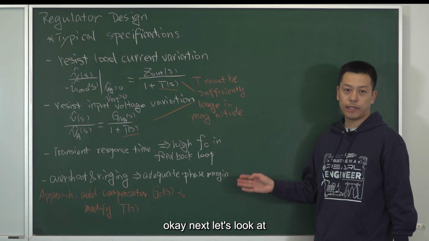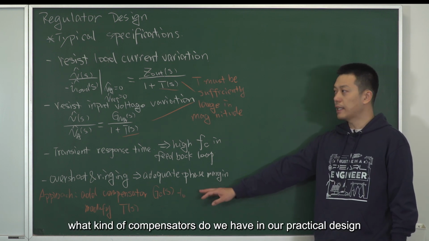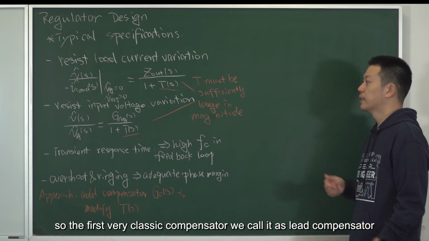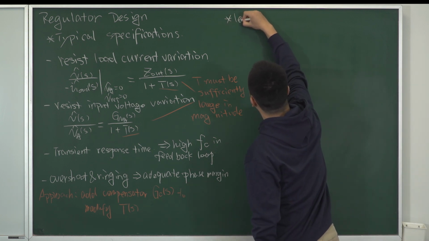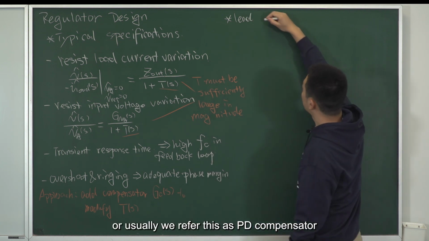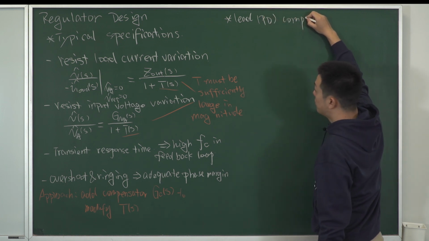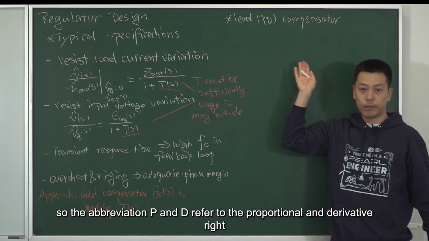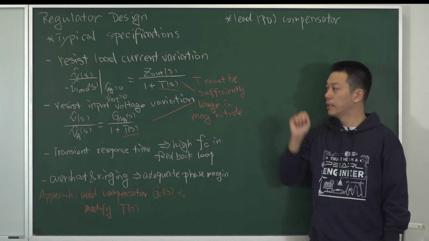Okay, next, let's look at what kind of compensators we have in our practical design. So the first, the very classic compensator, we call it the lead compensator, or usually we refer to this as the PD compensator. So the abbreviations P and D refer to proportional and derivative, right?